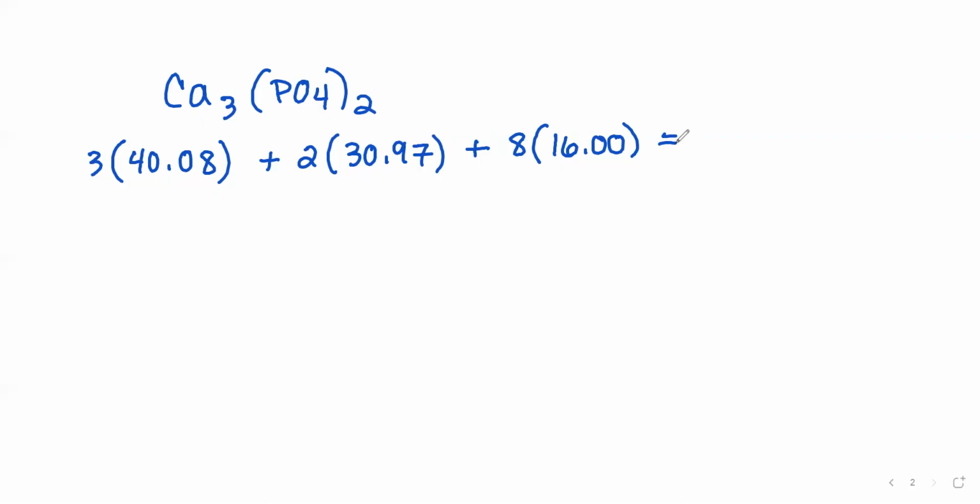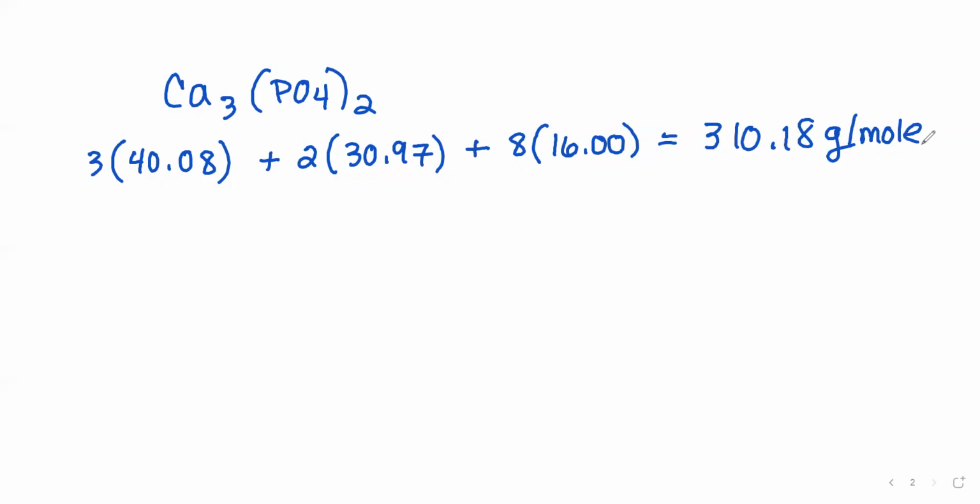So then I would do plus 2 and then a parenthesis, 30.97, plus 8 and then parenthesis, 16, and then close the parenthesis. And you're going to get 310.18, and that's going to be grams per mole.